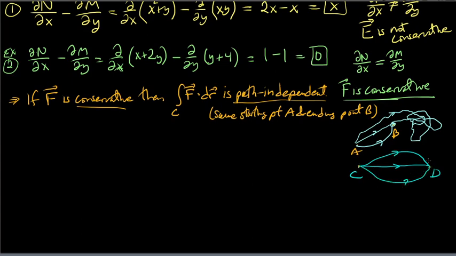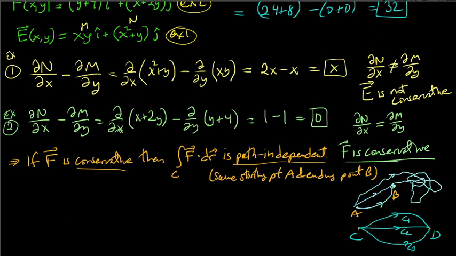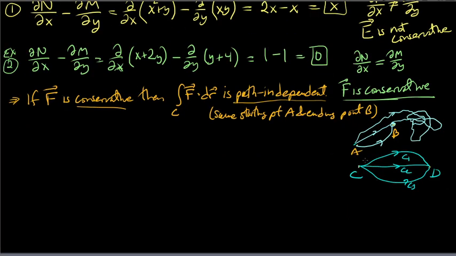From C to D, you'll get the same line integrals for all these separate curves. But you'll get a different line integral than you did from point A to point B. Got it? So that's what we mean by path independent. It doesn't matter how you get there. As long as you start at one point and end at another point, no matter how you get there, you get the same answer.